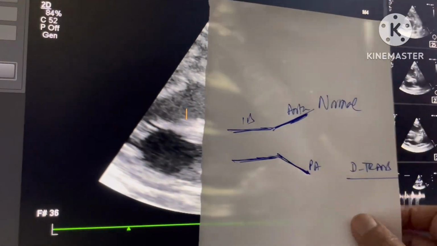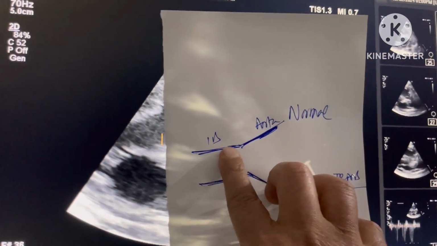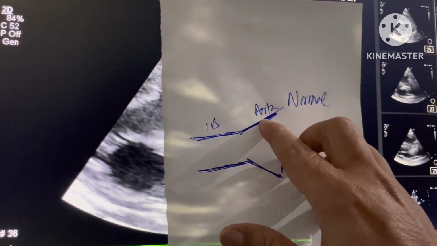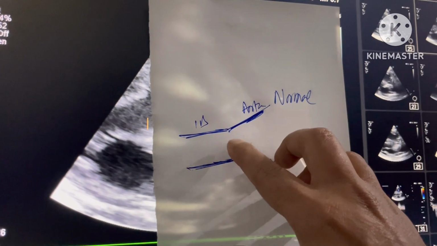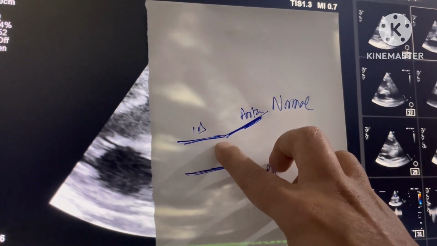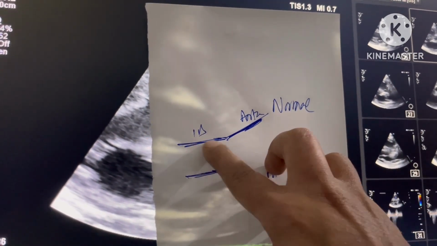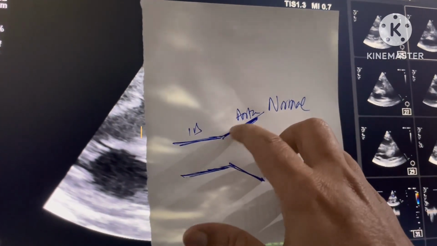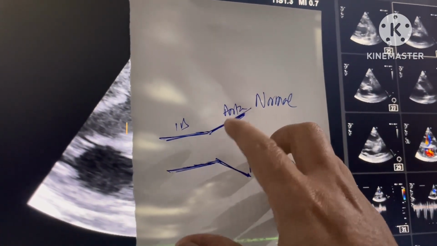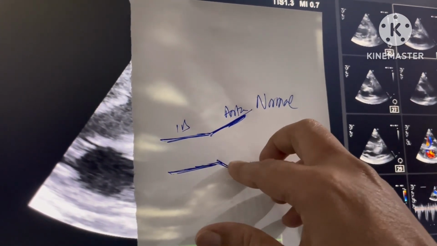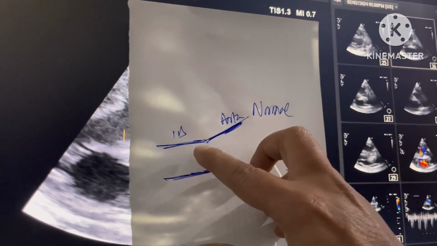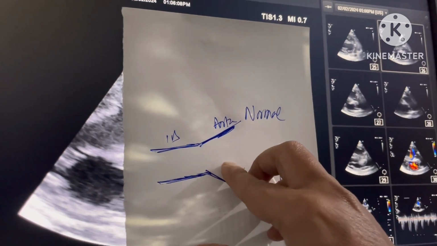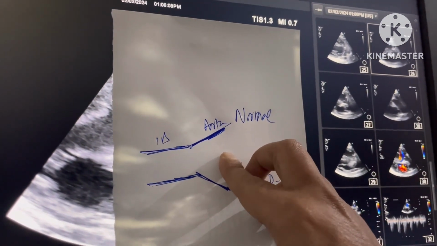Just see the image. If this is IVS, then if it is aorta, it would go like this. If it is pulmonary, it will go like this. Anything arising from the left ventricle that goes above the plane of IVS is aorta. If it is going down the plane of interventricular septum, that is pulmonary artery. So whenever LV is giving origin to pulmonary artery, that is detransposition.